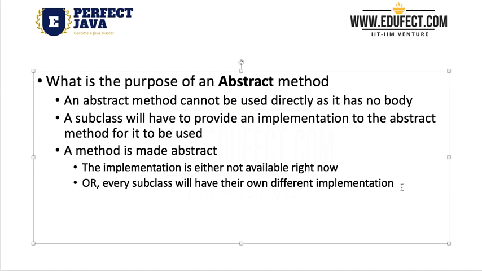Now the implementation of the method will be different for everything. If it's a triangle, it will have a different implementation. If it's a square, it will have a different one. If it's a circle, it would have a different implementation. So in such a case, we would declare the method area in the class shape as abstract, and each class that extends it, each subclass, would provide a different implementation to it. Okay.